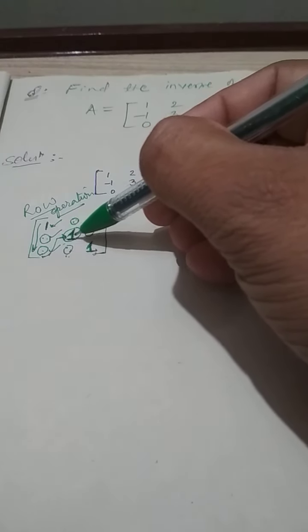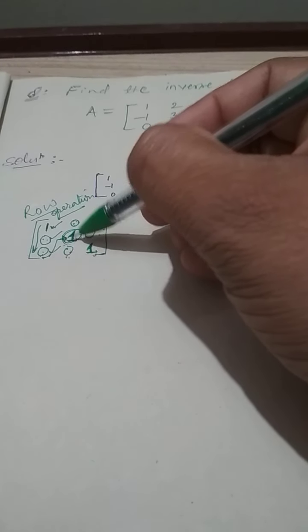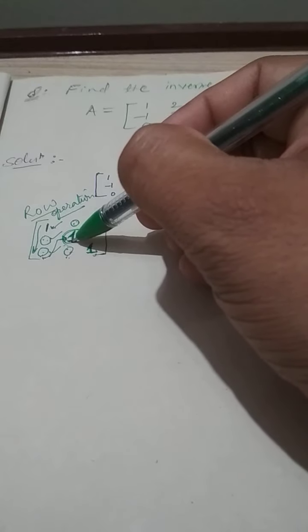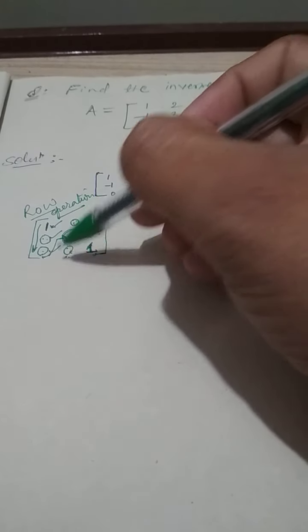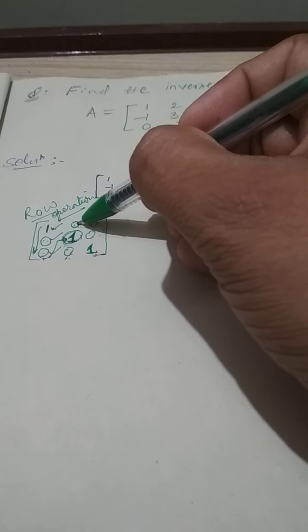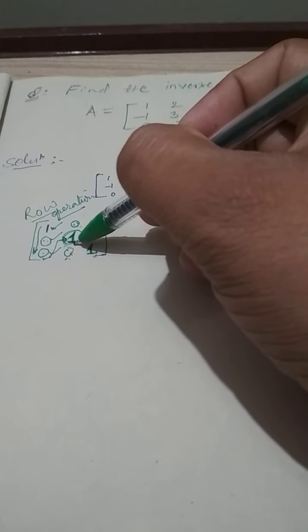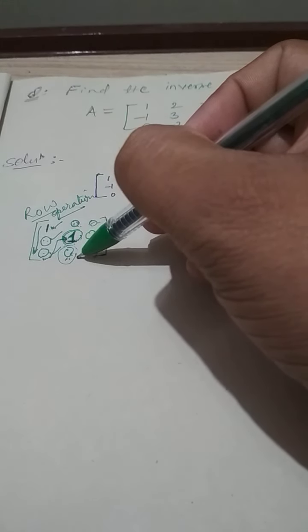Then focus on the middlemost element, make it 1, and based on this, using the help of these two rows, make these two entries 0. In the same way, this element should also be 0.